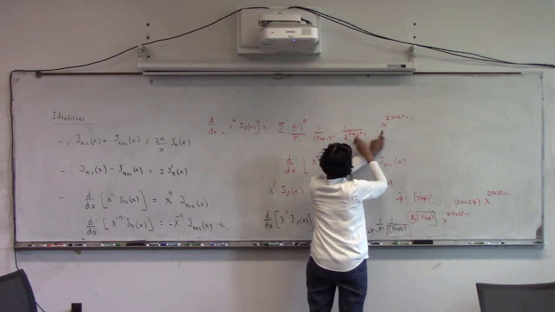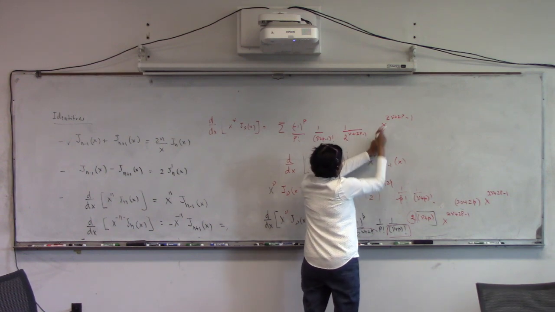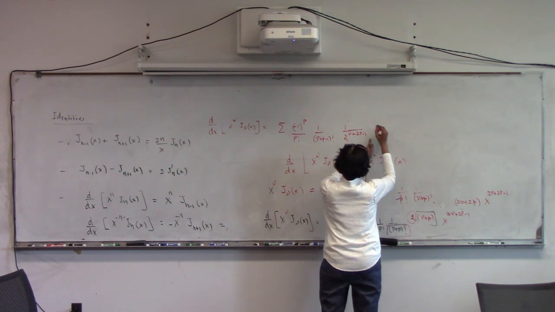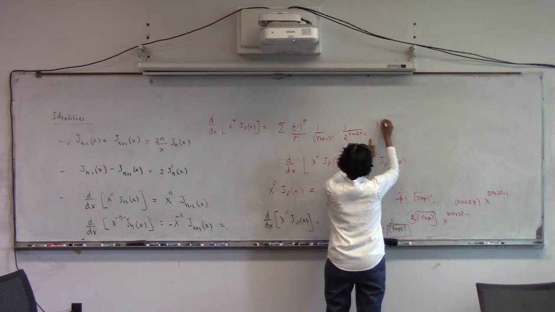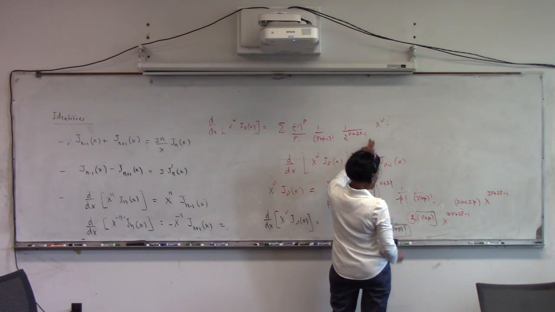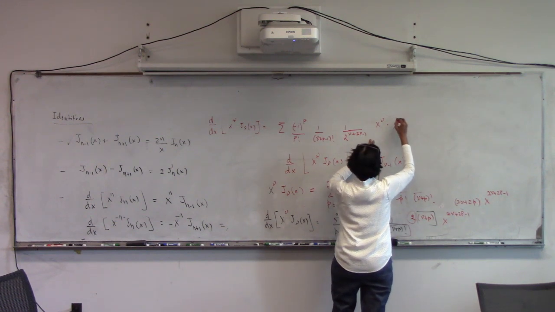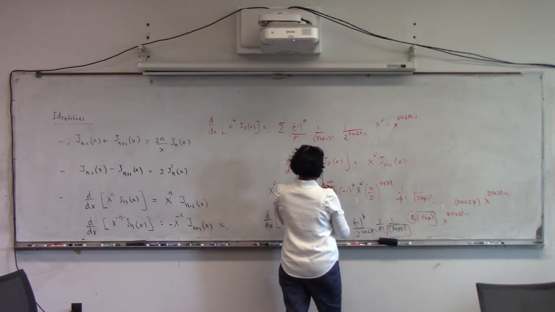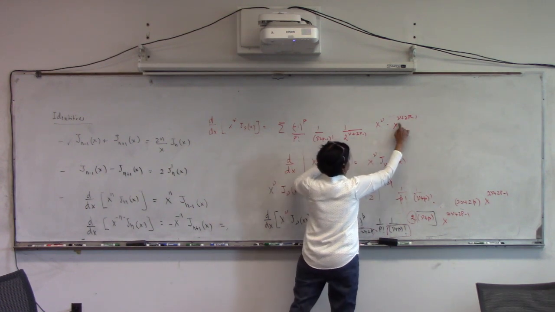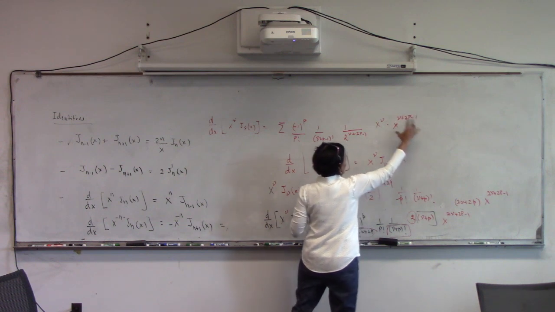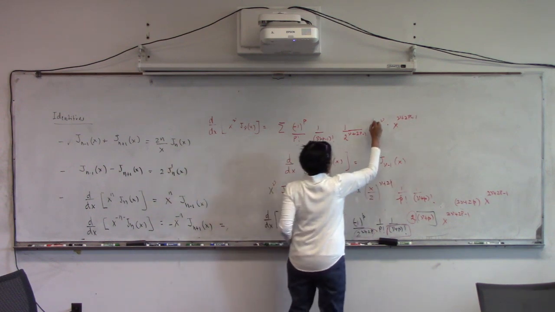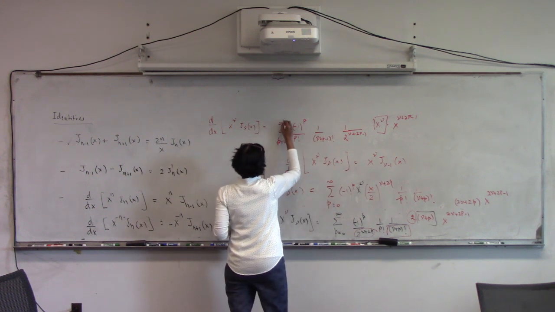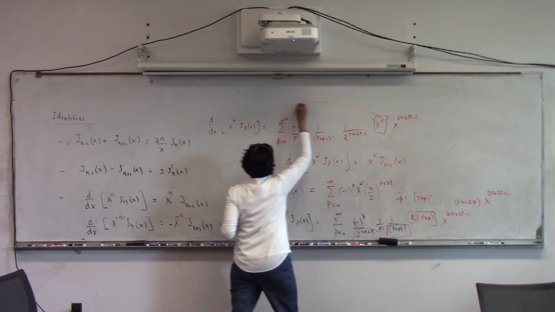I can separate out so that they are the same. So I can write this as x to the power of nu times x to the power of nu plus 2p minus 1, right? So that way I can again combine that as x over 2 to the power of nu plus 2p minus 1, so they have the same factor. And I can pull this out because that's not dependent on the summation.